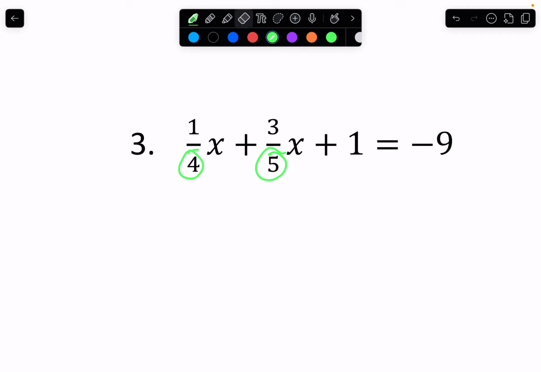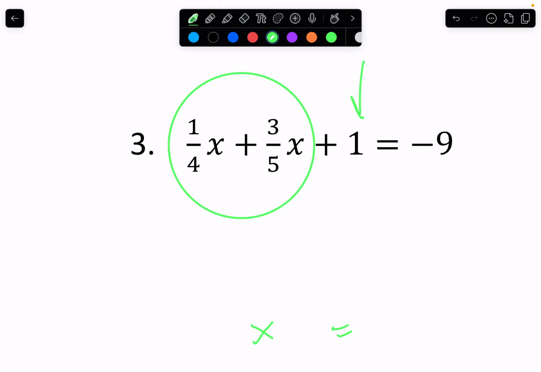Okay, so this is where some of this was confusing last semester for you guys. The first thing I would do if I look at this problem is, I want to find out what x equals. So anything extra I have here, I'm going to go ahead and move.